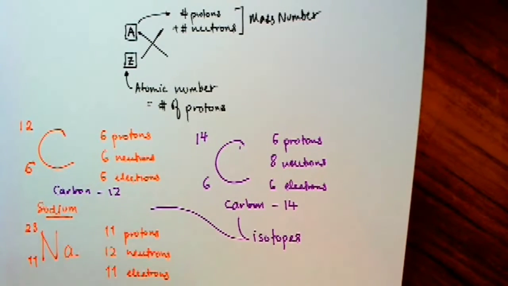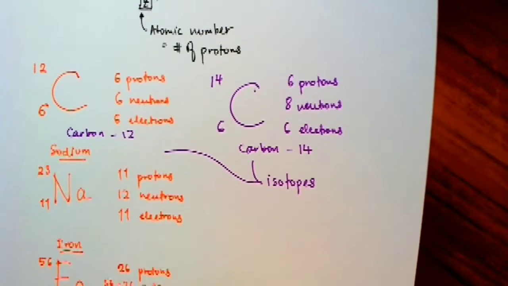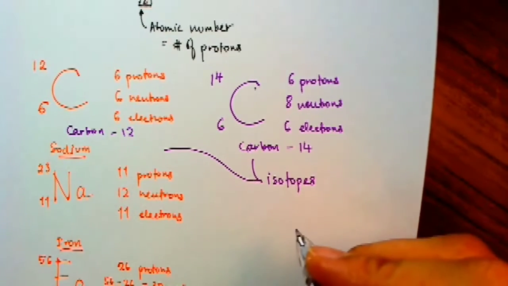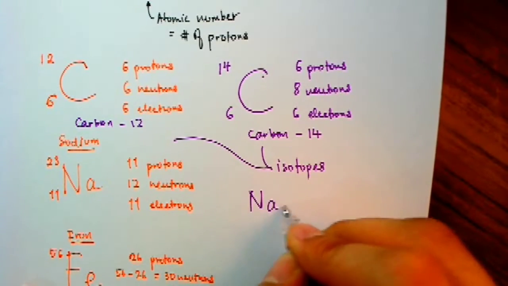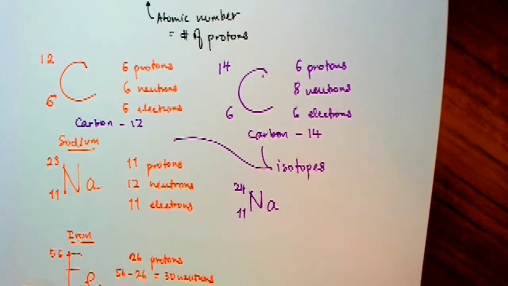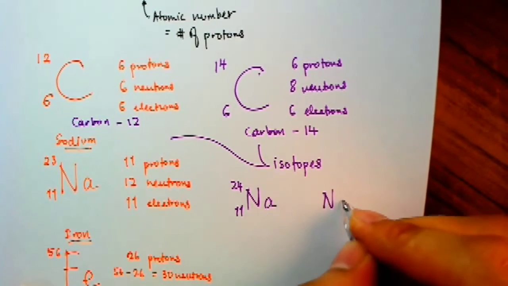Isotopes. So with this I hope you understood. Generally isotopes have some chemical properties the same, but because of the change in the number of neutrons, some other properties are different, especially radioactivity. In those cases they will differ.